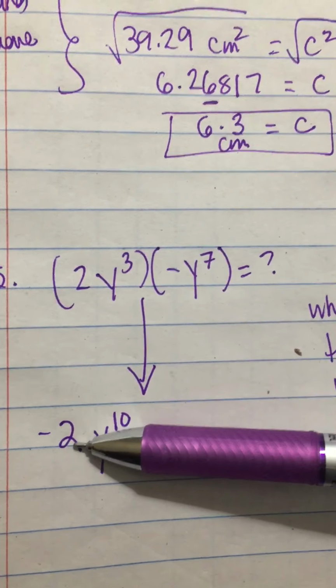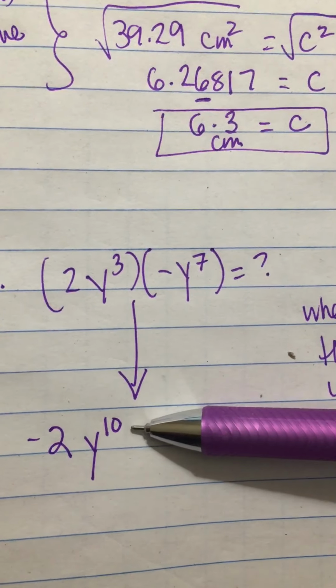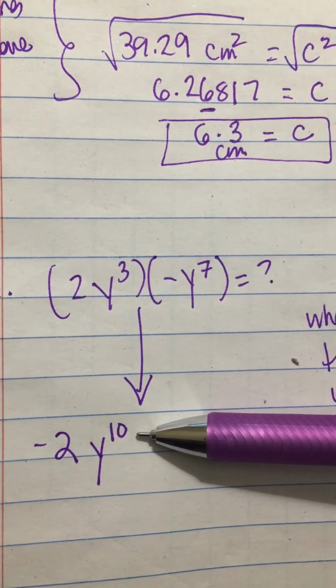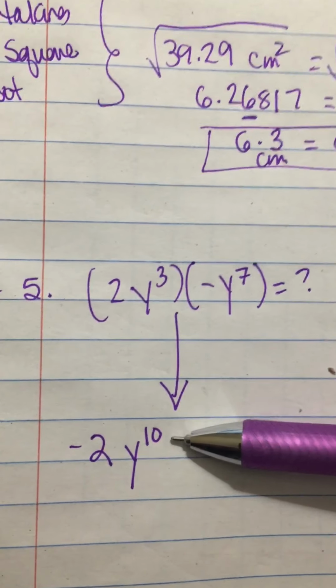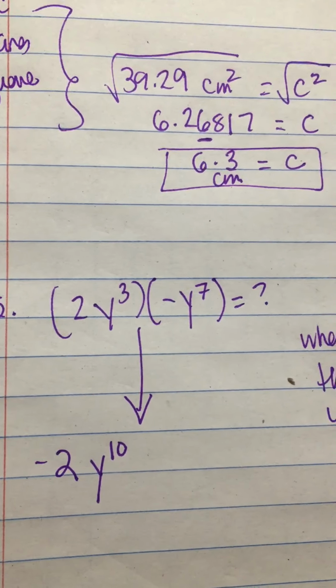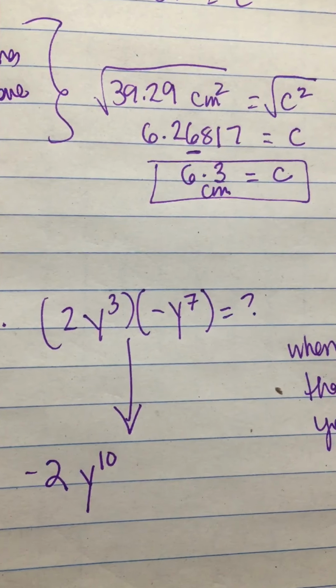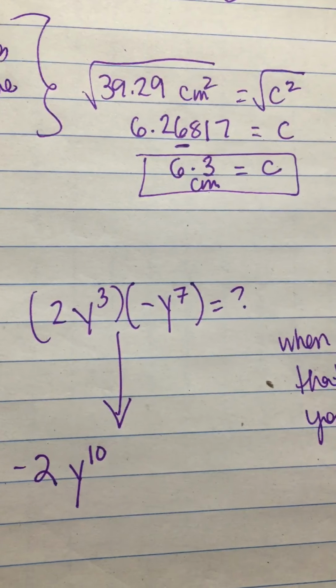So my final answer is negative 2 y to the 10th power. All right. This was an explanation of problem number 5. Thanks.